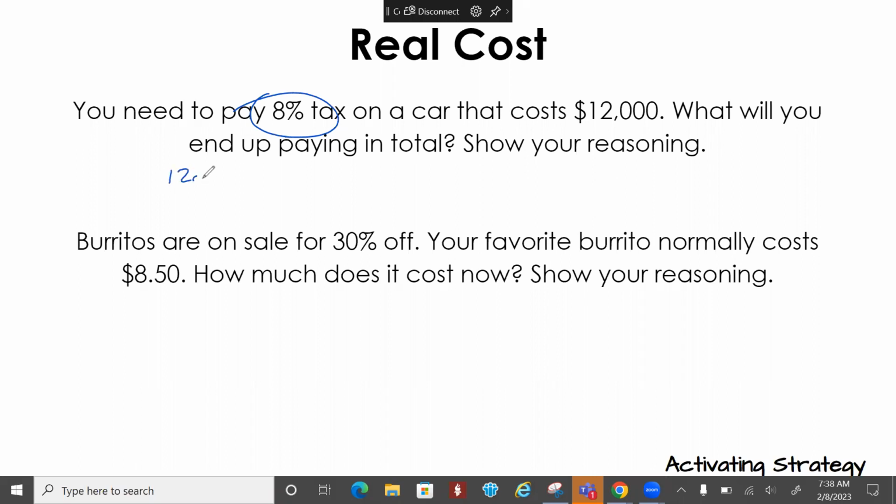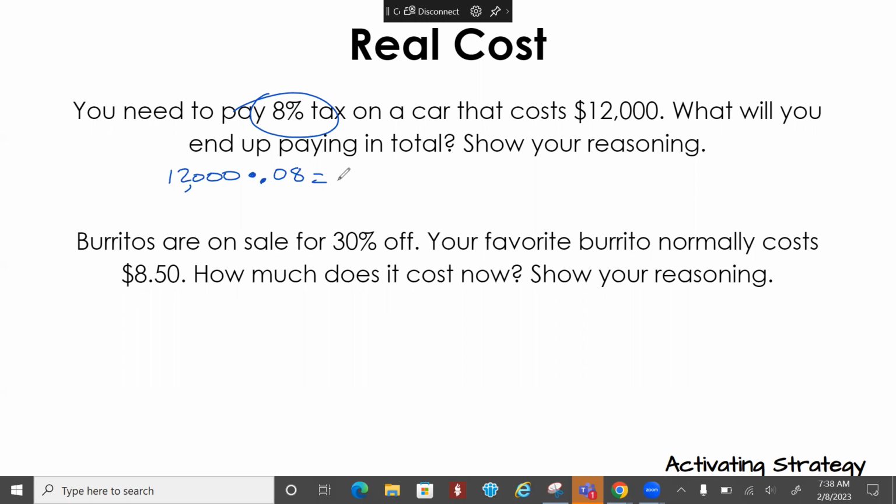Okay, so we're going to take 12,000, and we're going to multiply by what? Not 8, but we're going to multiply by that 0.08, right? Okay, so that's going to tell me how much tax I'm going to have on this car.